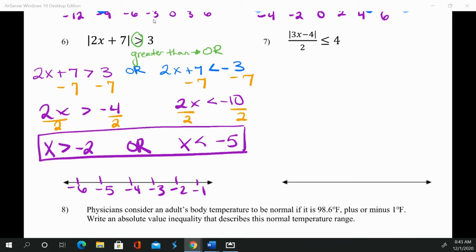It's nice to have at least one value extra on either end. X is greater than -2, so it'd be open at -2, shaded to the right. X is less than -5 would be open at -5, shaded to the left.